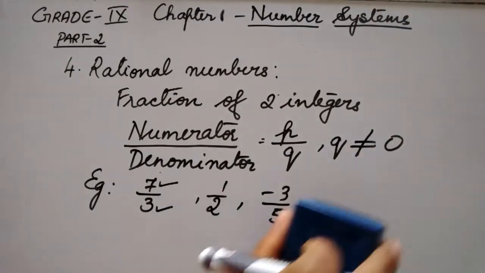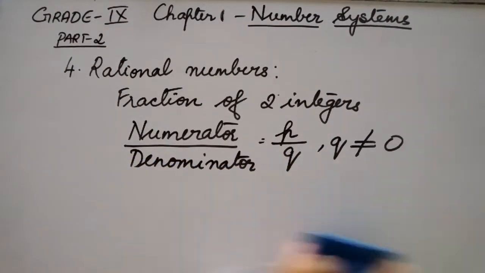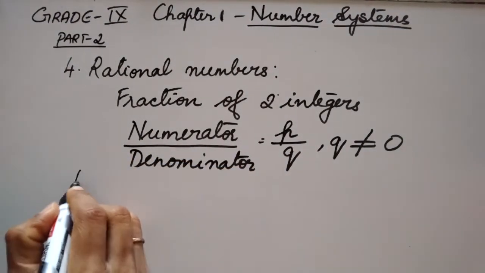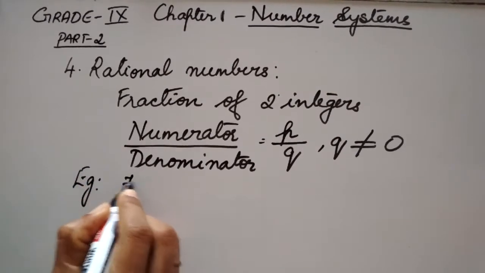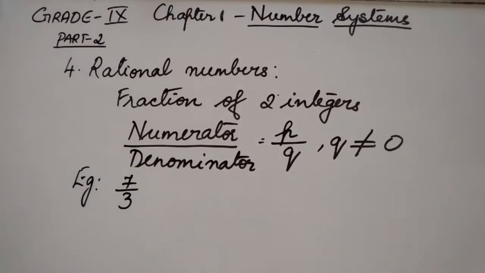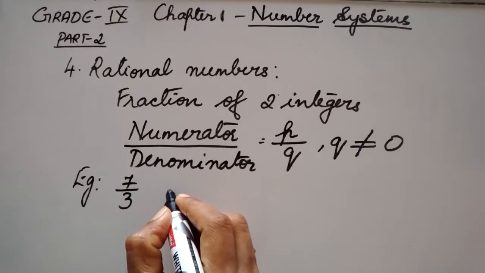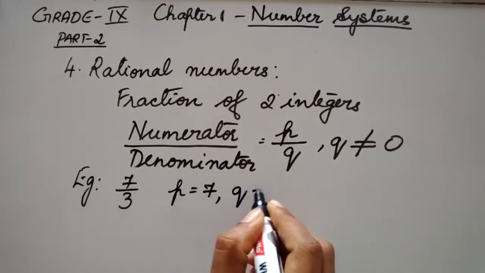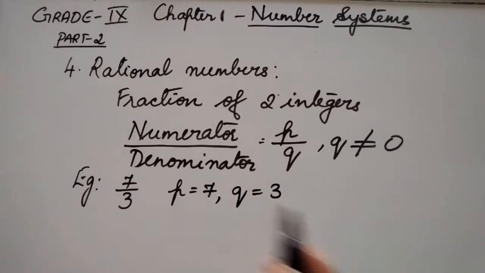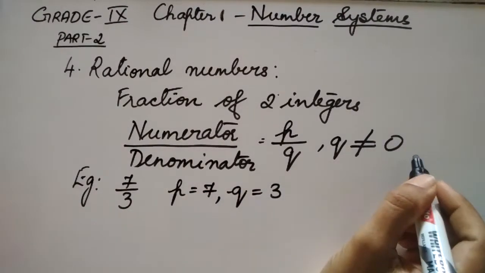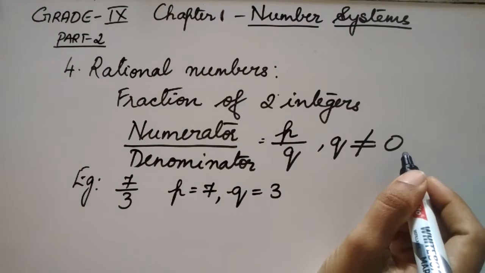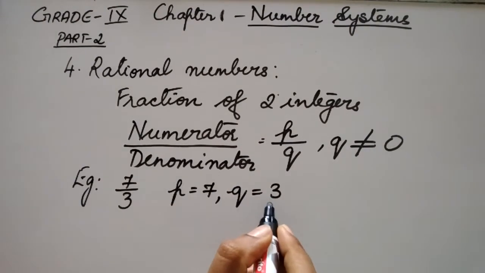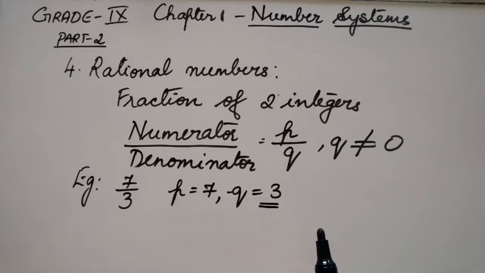Suppose I have a number, for example 7 by 3. Here the value of P is 7 and the value of Q is 3. And Q should not be equal to 0. Here is it equal to 0? No, it is 3, isn't it?